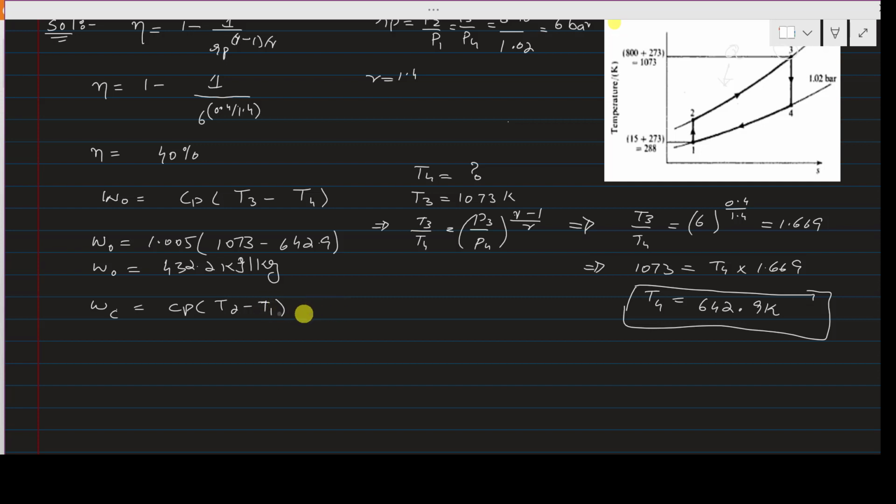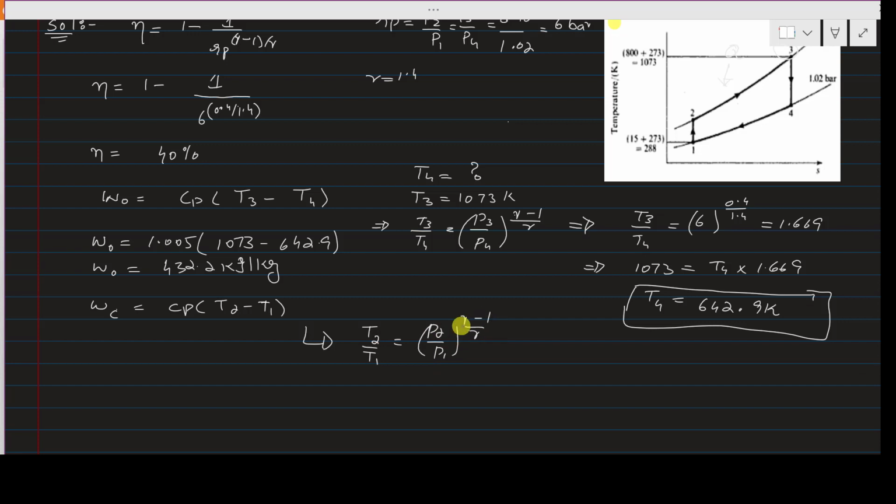So again we have to calculate T2, by applying the isentropic process from process 1 to 2. That is T2 divided by T1 is equal to P2 divided by P1 raised to gamma minus 1 divided by gamma.